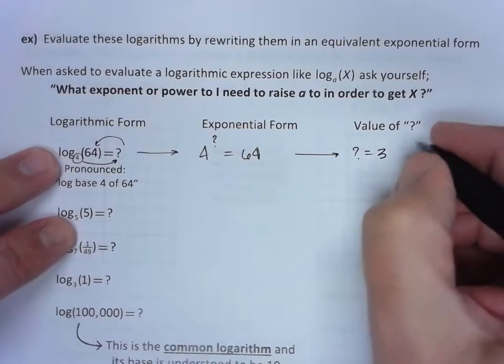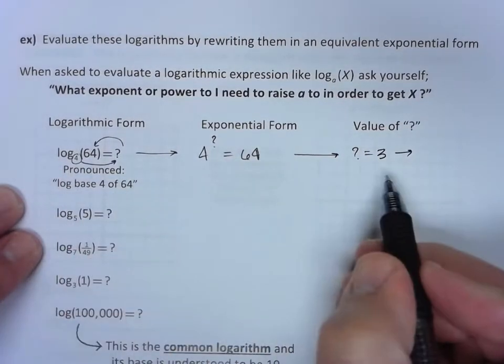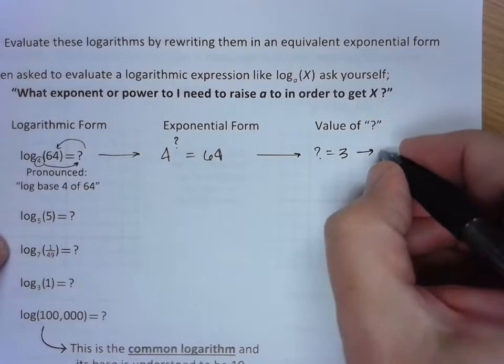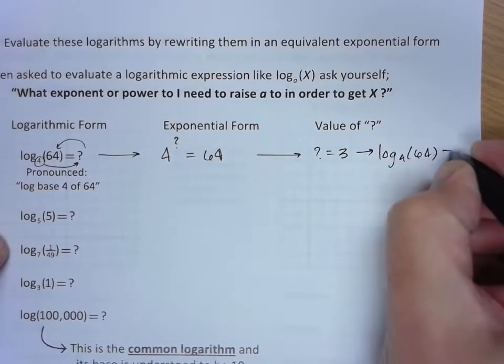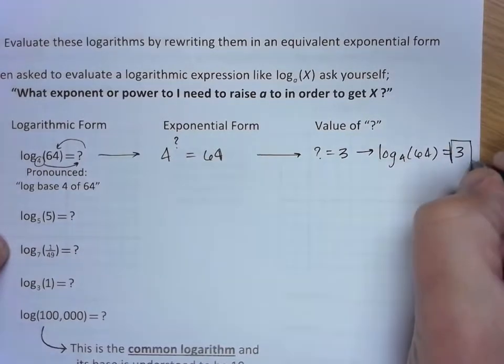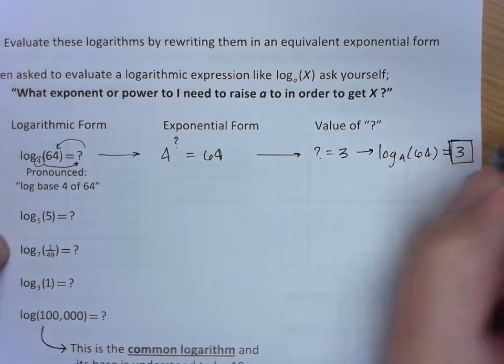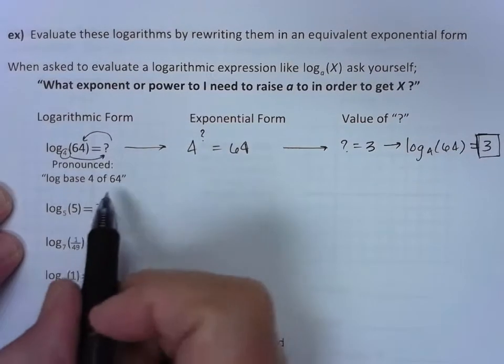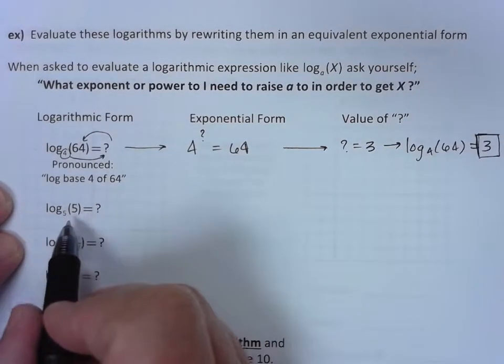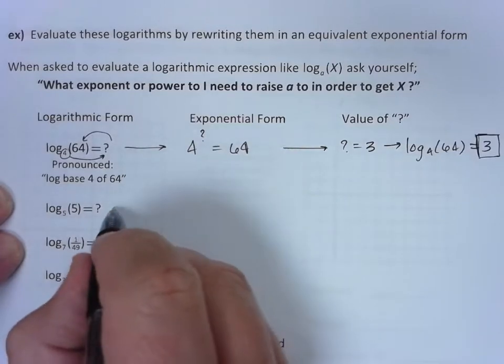What that means is, through this sequence of events, we've evaluated log base 4 of 64 equals 3. So technically your answer is just 3 as the value of this logarithm. Okay. Same idea here. Log base 5 of 5.